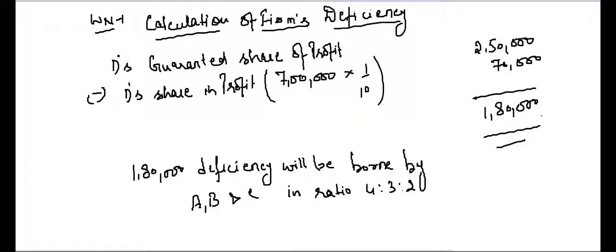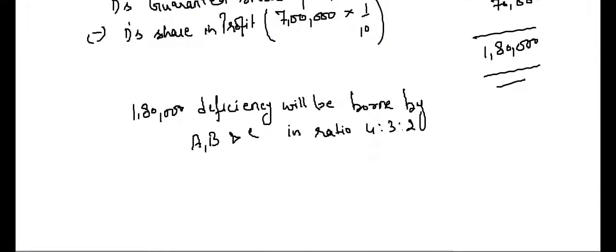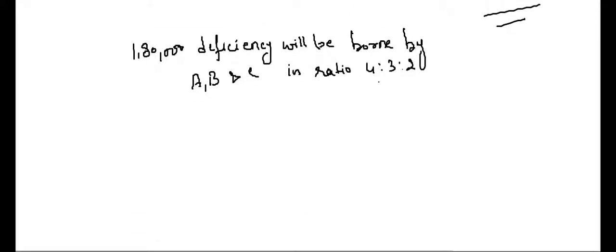Clear? So how much will be A's share in the deficiency? A's share will be 1,80,000 into 4 divided by 9.